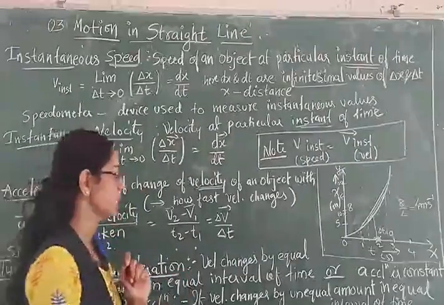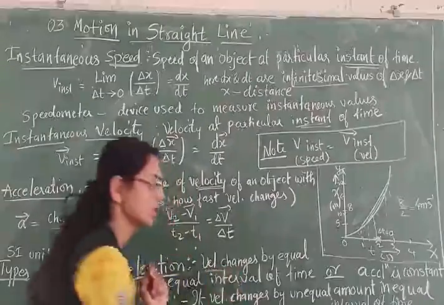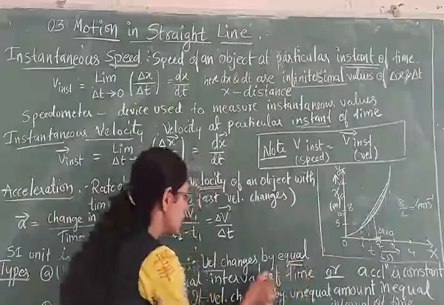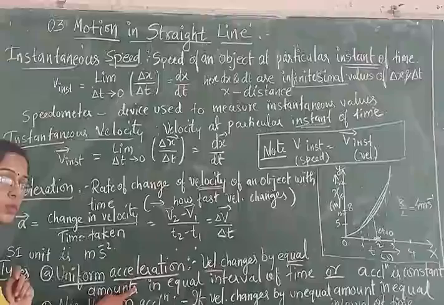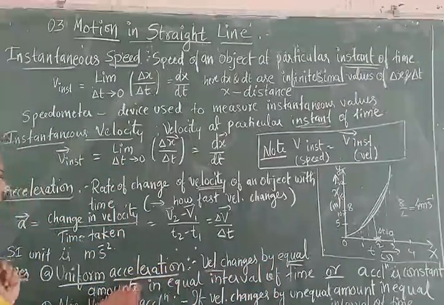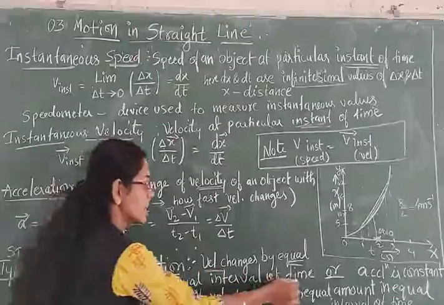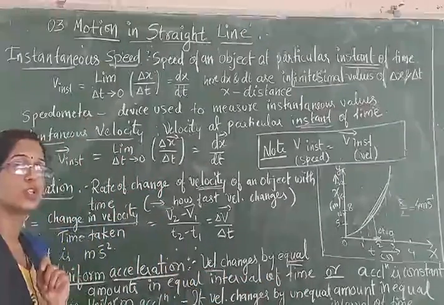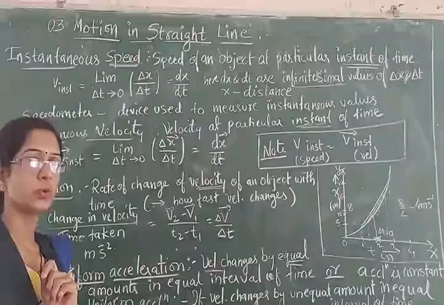Uniform acceleration is the change in velocity by equal amounts in equal intervals of time. So these two quantities, velocity as well as time, are changing by the same magnitude.